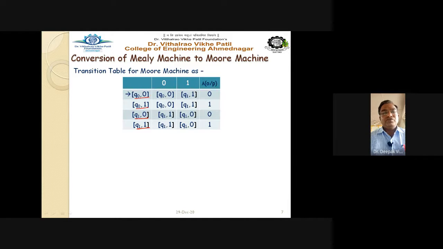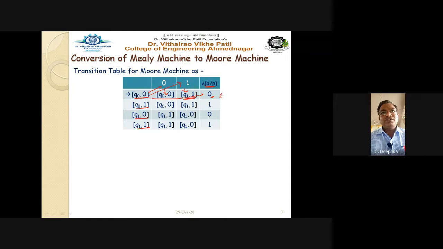And the transitions which we have just found out, we write down: Q00 on 0 goes to Q00, right? This is the answer. And output lambda for this Q00 state is 0. Q00 on input 1, the state is Q11, and output remains the same. These are the first two transitions we have written here.